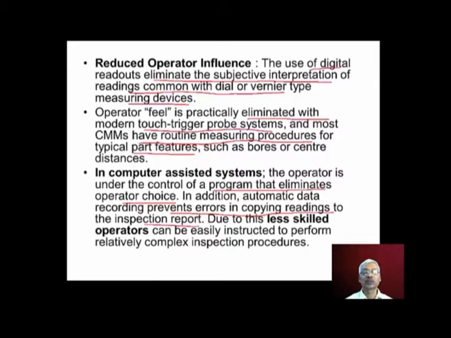In a conventional measurement system, the operator reads the dial indicators or whatever gauge is being used, and then he should copy the reading to the inspection report. During that time he may make a mistake. In the computer assisted system, such errors are completely eliminated. Due to a computer assisted system, less skilled operators can be easily instructed to perform relatively complex inspection procedures.